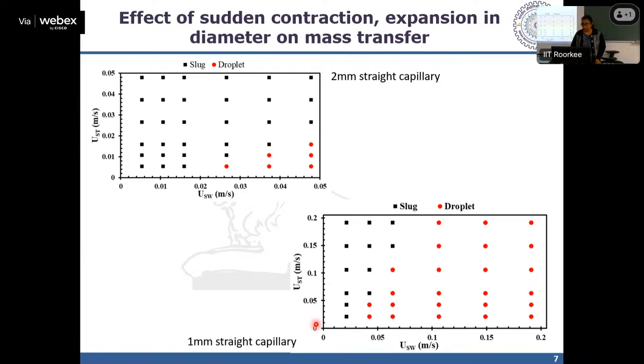So here is a comparison for understanding. This is the 2 mm straight capillary, and this is the 1 mm straight capillary. You can see the entire range in the 2 mm is dominated by droplets and very little slug, whereas here we have domination of slug.